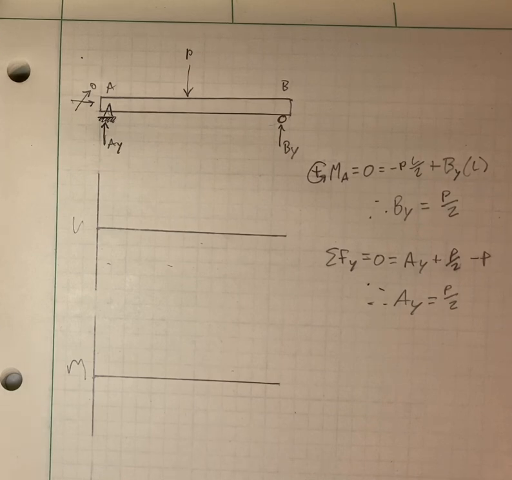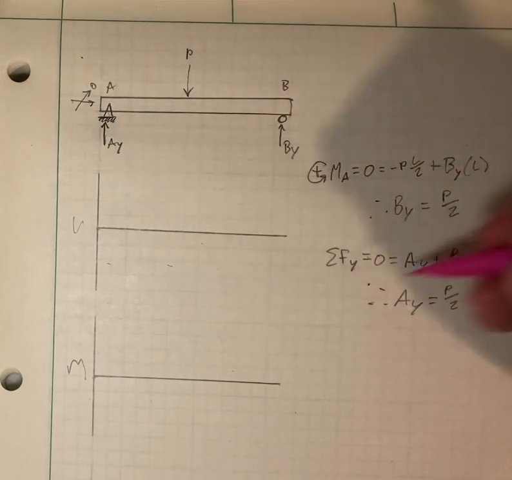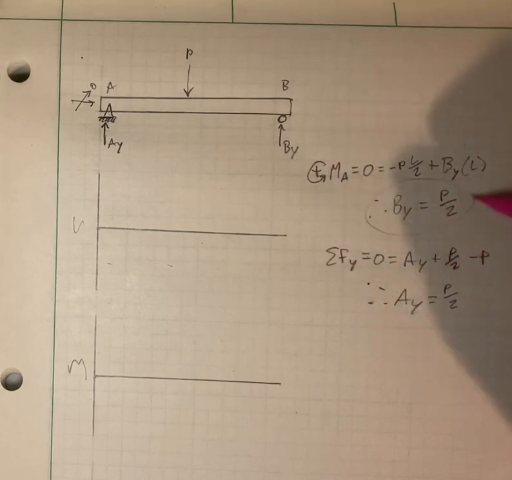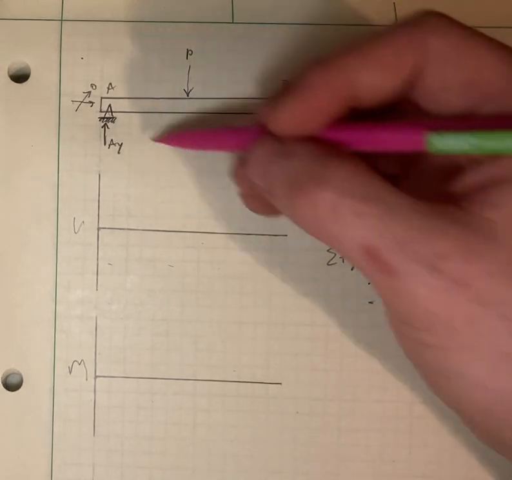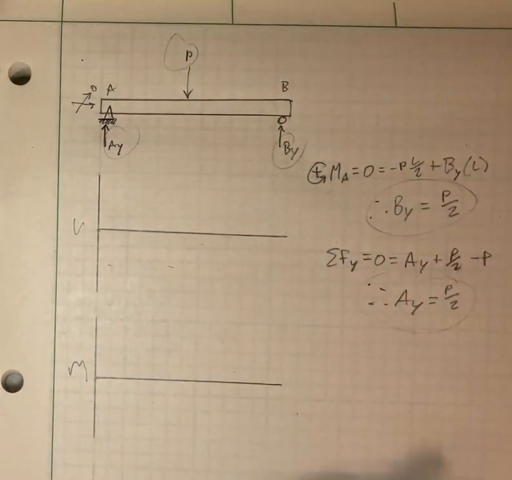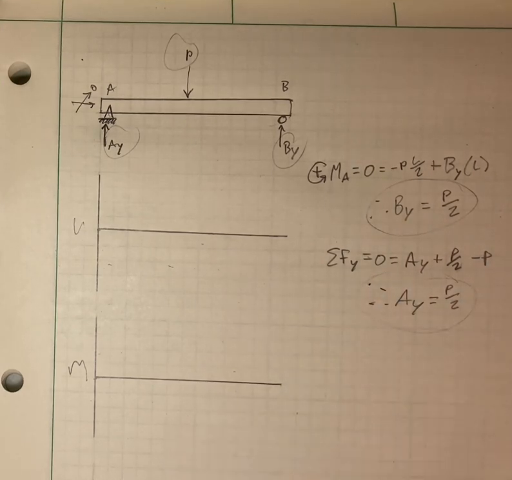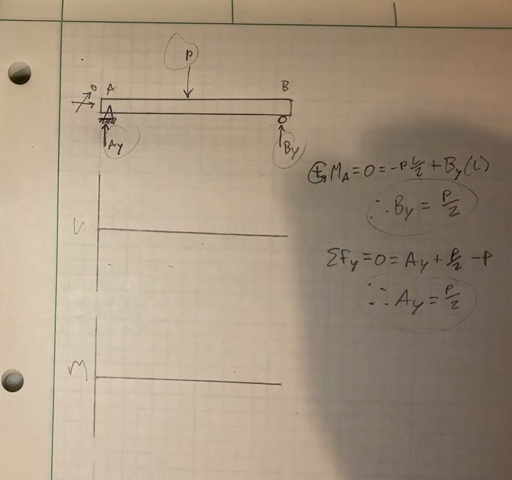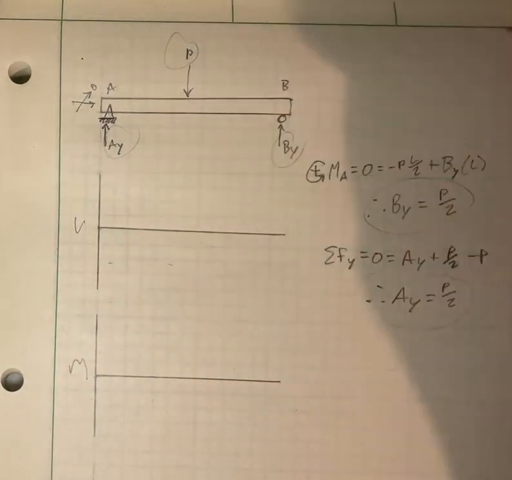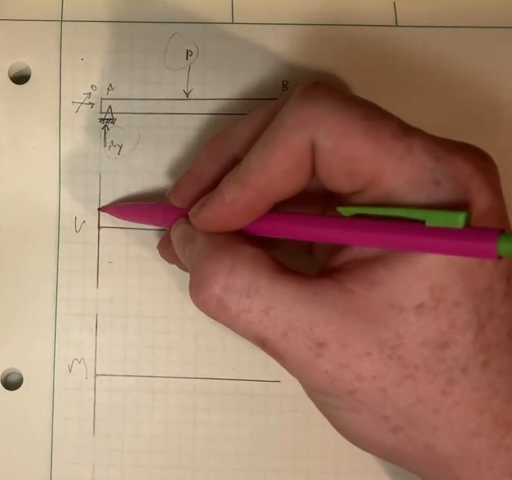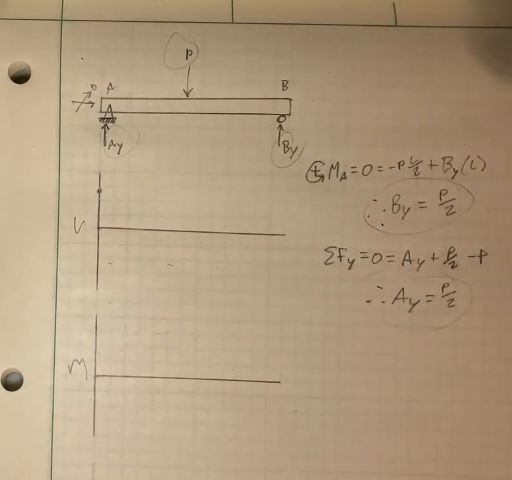So then what we can do is, we have all of our forces, right? We know By, we know Ay, we know P. So let's start with that. P over 2, so our first force A equals P over 2, so that's how high we're going to jump up.